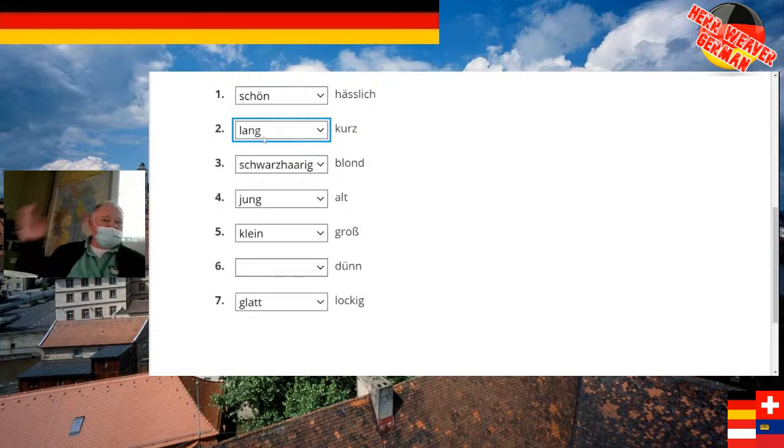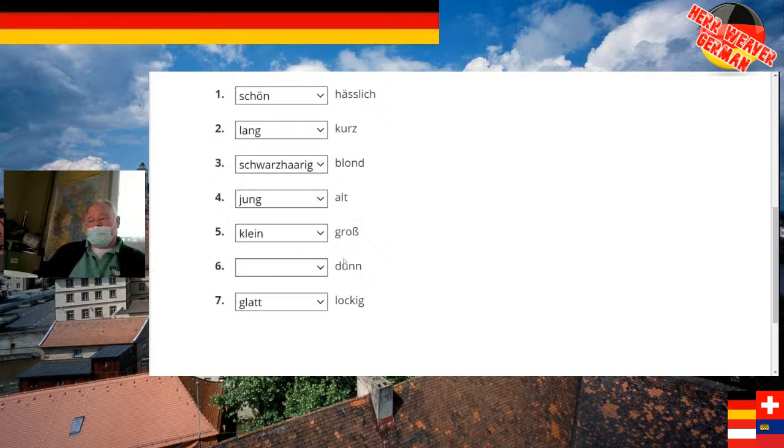Like kurze Haare, lange Haare. You could have lange blonde Haare oder kurze blonde Haare. You could also have, are you ready for this? Kurze, lange, hässliche blonde Haare. Seen it. Not at this school, but other places.